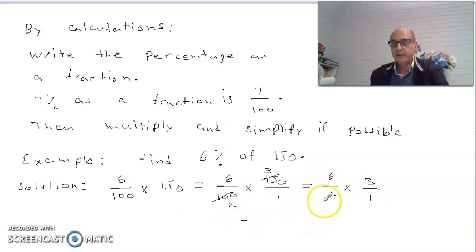Again, I can divide the top and bottom of this fraction by 2. So divide this by 2, you get 1. Divide this by 2, you get 3. Now times the tops, 3 times 3 is 9, and 1 times 1 is 1. And as we said, 9 over 1 is as good as 9.